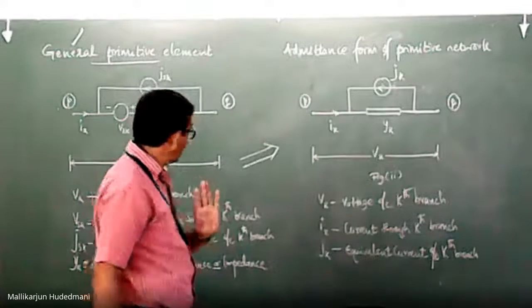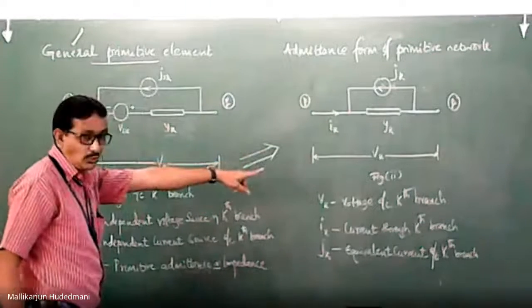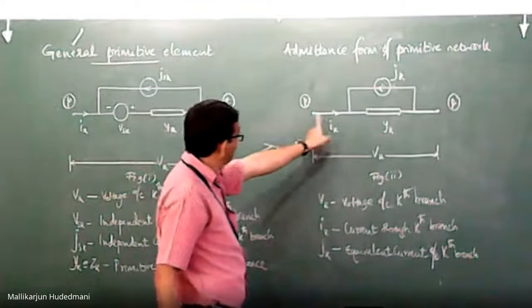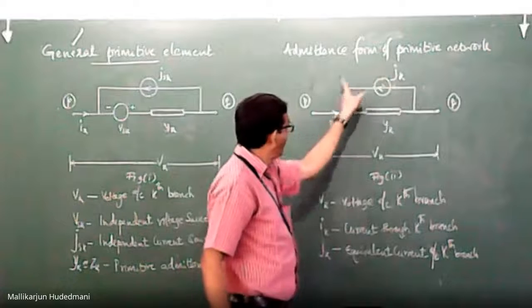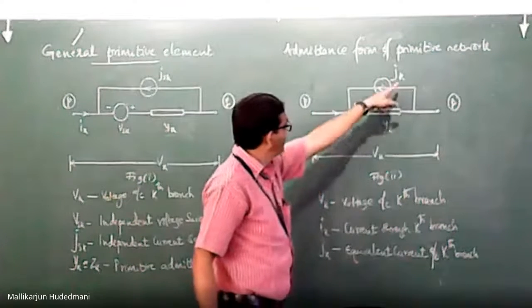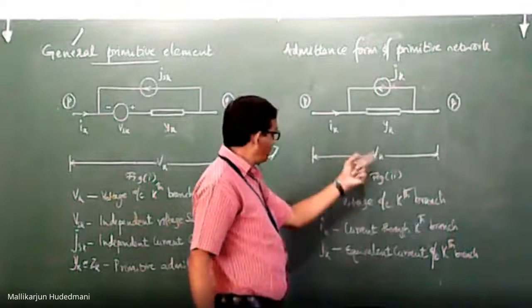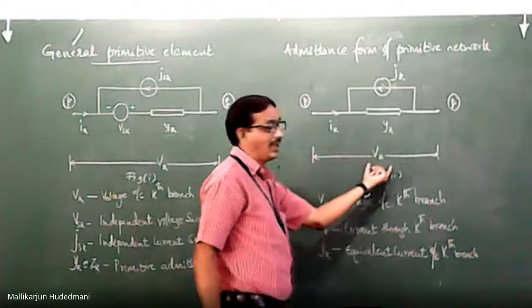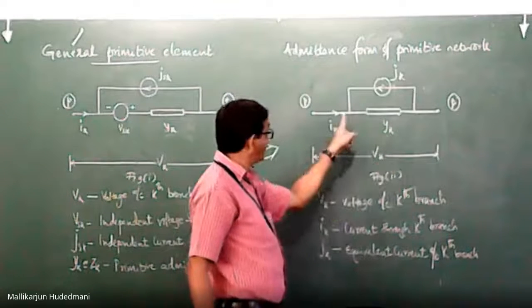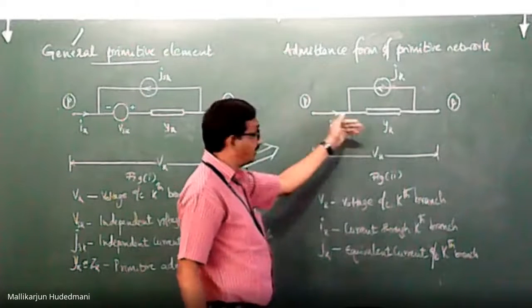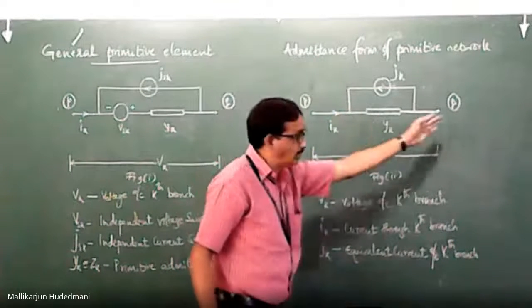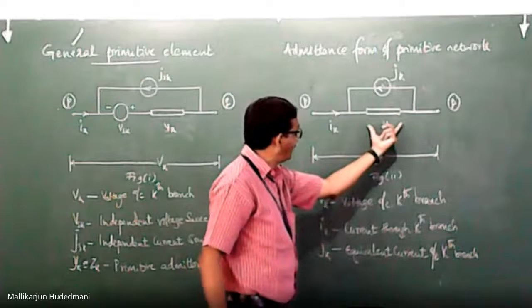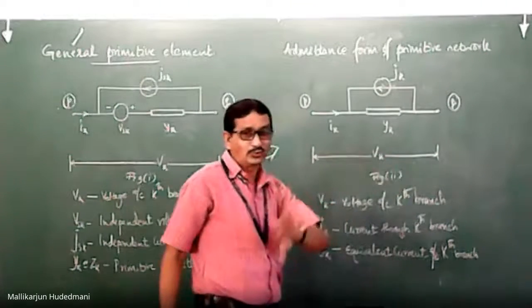If you look into figure number 2 and apply KCL, Ik plus Jk must be equal to Yk into Vk. If I apply KCL at this junction, at the P bus, incoming current must be equal to current going out. Current going out is admittance into voltage. So I have to do it.